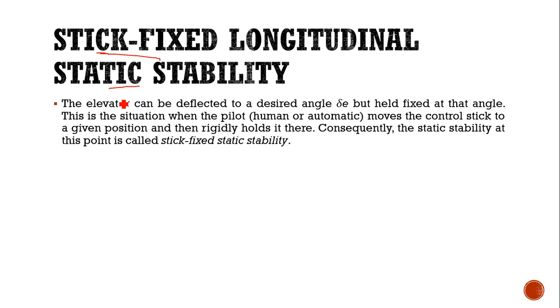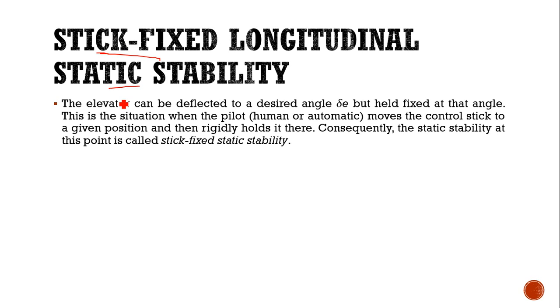As I told earlier, for a statically unstable aircraft, we need to deflect the elevator to bring the aircraft back to the equilibrium or trimmed position, or in the condition of a statically stable aircraft.